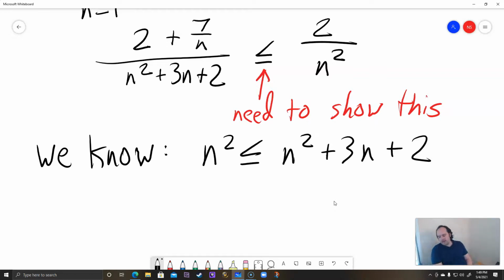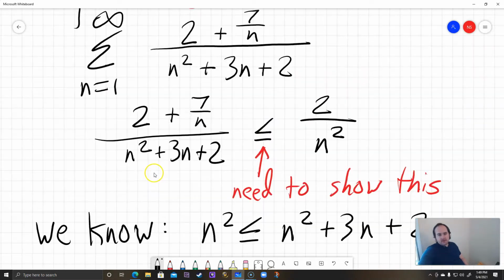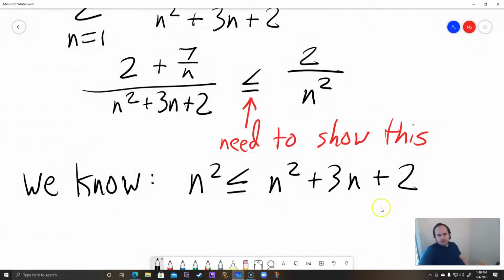We already know that because n squared is a positive number, and that's less than or equal to n squared plus 3 times n. Remember, n is going from 1 to infinity, so n is a positive number, plus 2, because this 3n plus 2 has to be positive. And what else do we know?